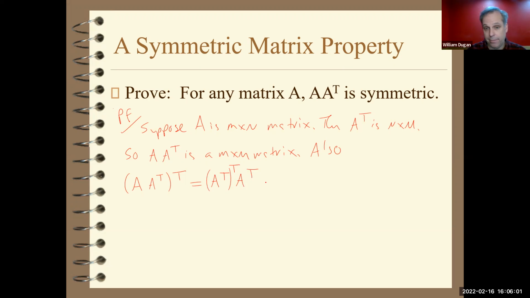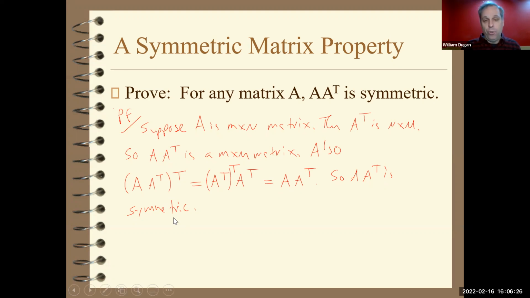That's one of the properties. But another one of the properties is that A transpose transpose is just A. So that's A times A transpose. Notice, A times A transpose is symmetric by definition, because that product, its transpose is itself.